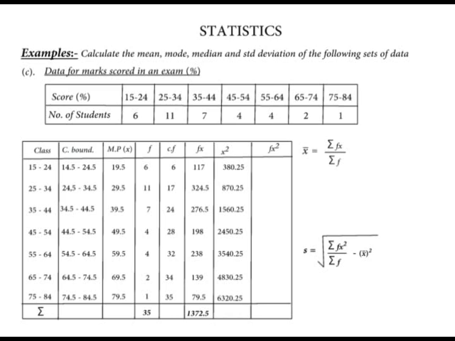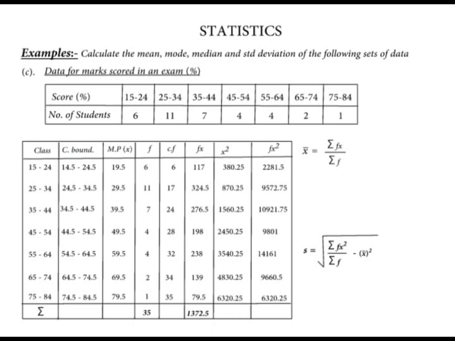Then fx squared. We multiply this x squared times the corresponding frequencies. 380.25 times 6 will give us 2281.5. 870.25 times 11 will give us 9572.75. 1560.25 times 7 will give us 10,921.75, all the way to the last one, 6,320.25.